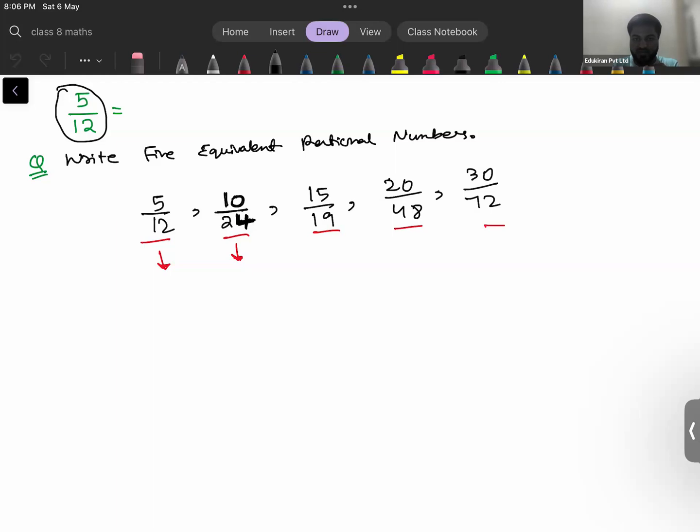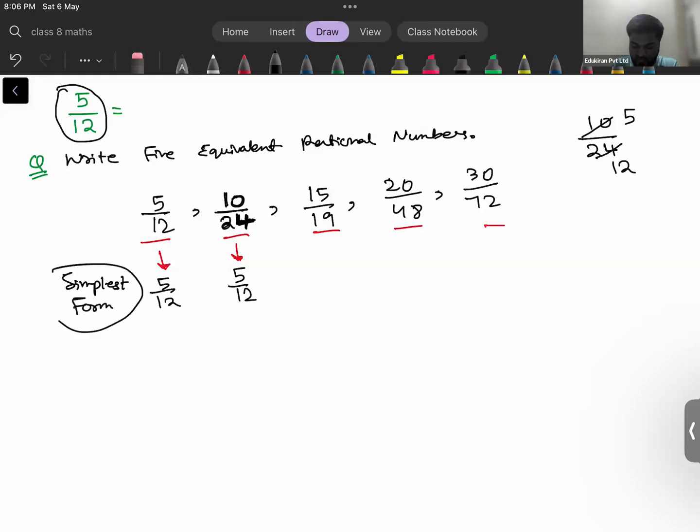What is its simplest form? How do we find the simplest fraction? We simply divide the numerator and denominator, right? Yes, sir. So 10 upon 24, we simply divide them like this. 5 upon 12, right? Yes. We are writing here the simplest form.